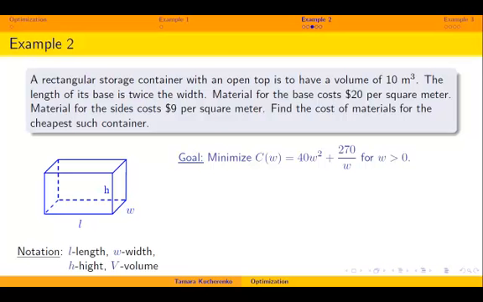In this case, the interval where we need to minimize the function is infinite. Therefore, we cannot use the closed interval method as before. Instead, we will examine intervals of increase-decrease of the cost function to deduce information about the absolute minimum of the function.